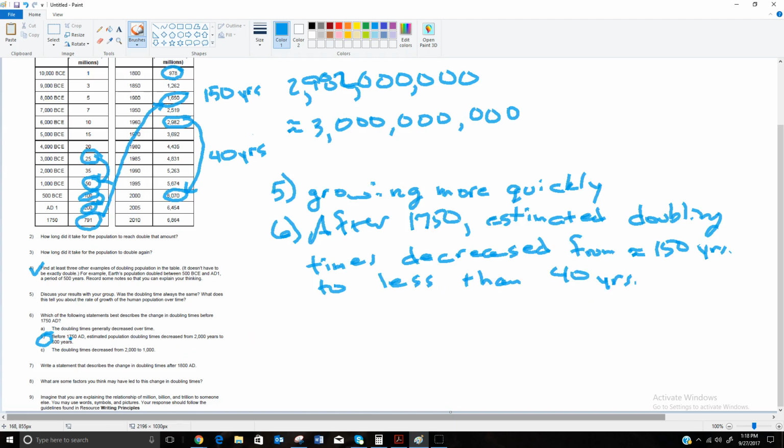So I just kind of went off of what they had here and filled in with the new information from the other side of the table.